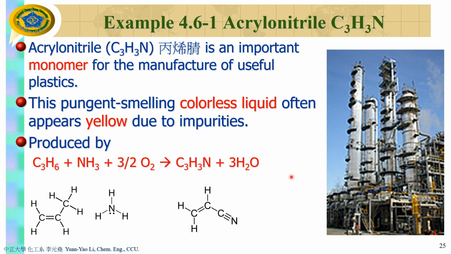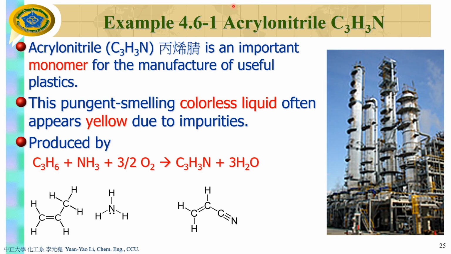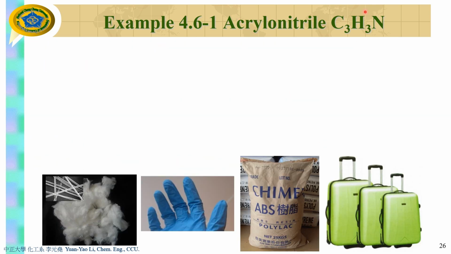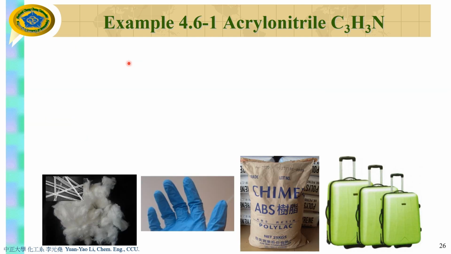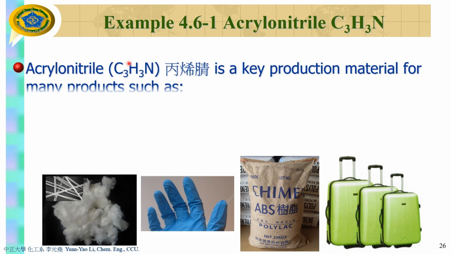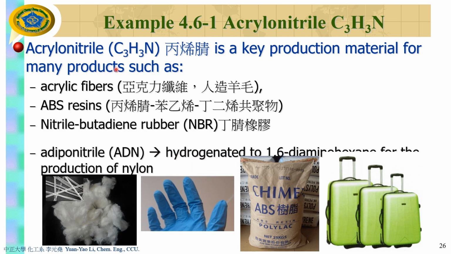Of course, we want to do it on an industrial scale, so it looks like this. A lot of towers, right? Once we get this chemical, what can we do with it? Acrylonitrile is a monomer, so we use monomers to make polymers. Monomer becomes polymer. Acrylonitrile is a key material for many products.